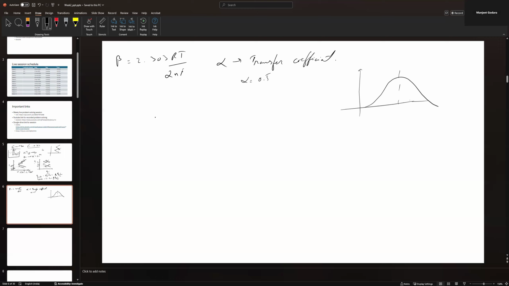So, as you mentioned, there would be both anodic and cathodic reactions taking place at the surface. So the total current, this is just the Butler-Volmer equation. Again, I don't know if it will be coming up in this course or not.